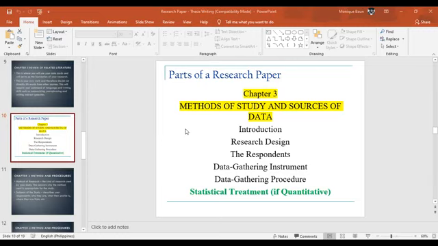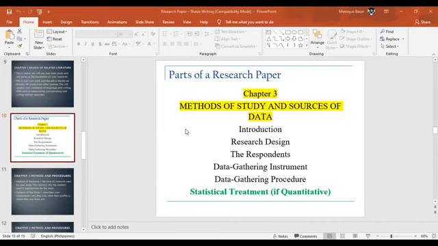For example, 50 students voted for HUMSS, then 30 for STEM, then 10 for ABM, and another 10 for GAS. So that's how it looks for quantitative. It focuses more on the numbers, so the questionnaire here is like a checklist.